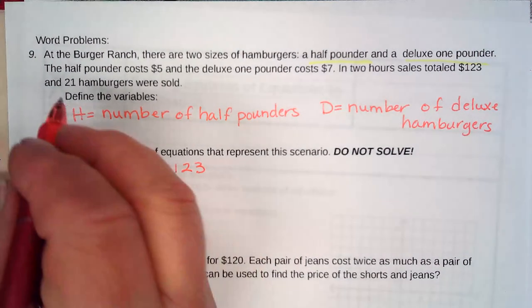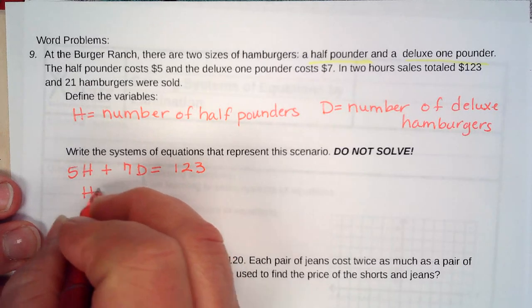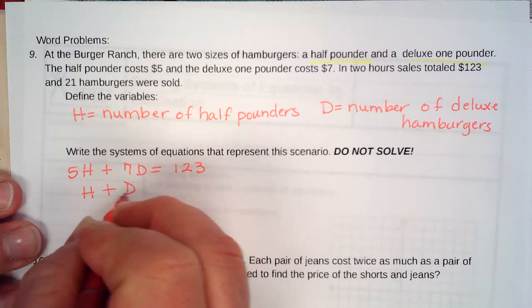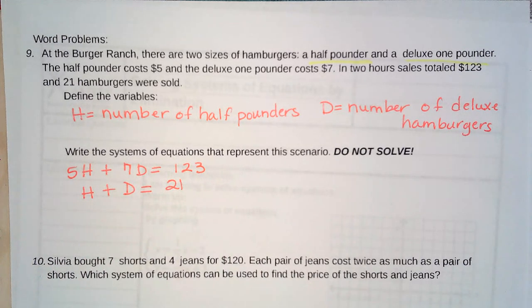We also know the total numbers, so when we take the number of regular hamburgers plus the number of deluxe hamburgers, we have sold 21. H plus D equals 21. That is your system of equations.